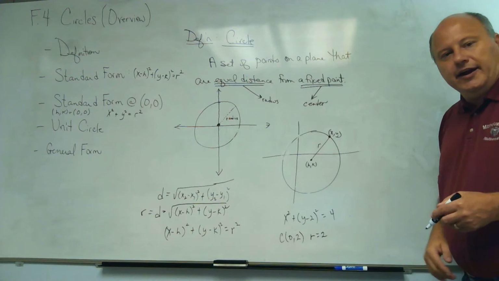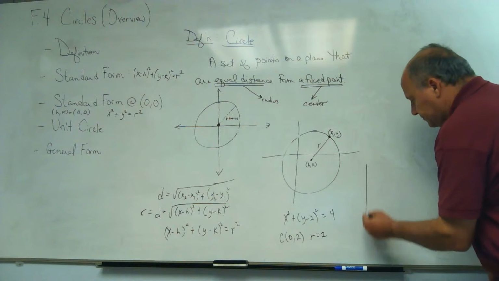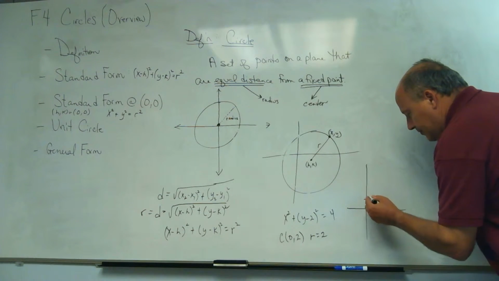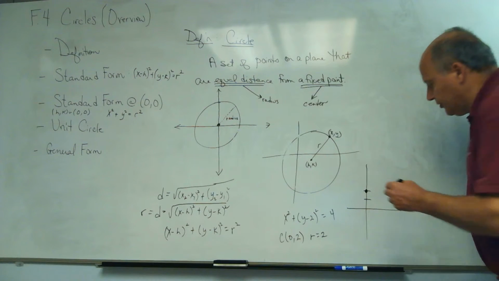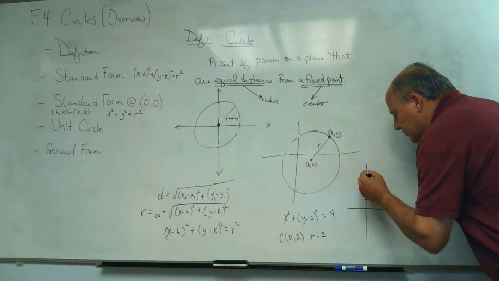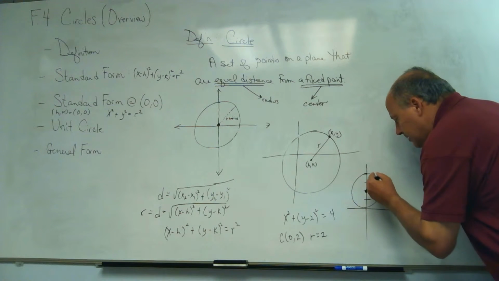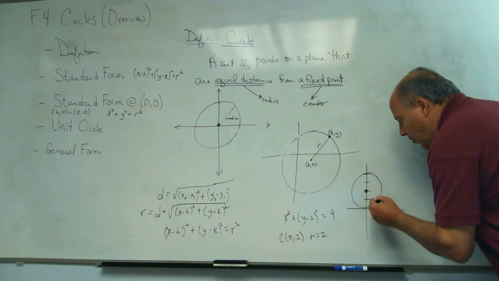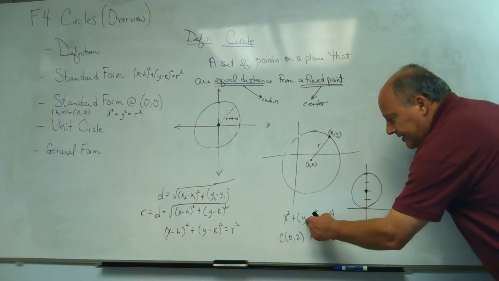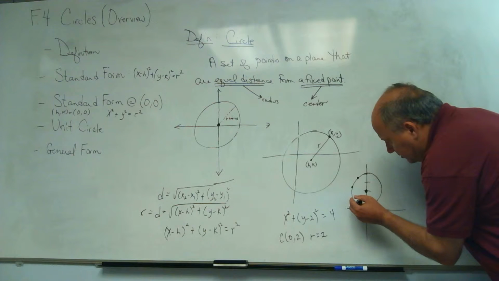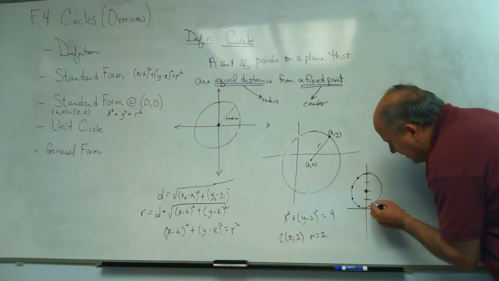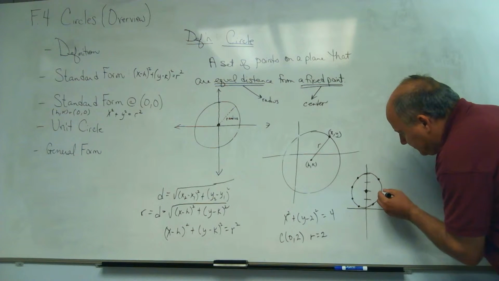So what does that look like? Well, it's a circle. It's centered at the point (0, 2), and the radius is 2. And we'll do a lot more of these once we get to some of the other problems. My point is that every point I just drew on the circle satisfies that equation.